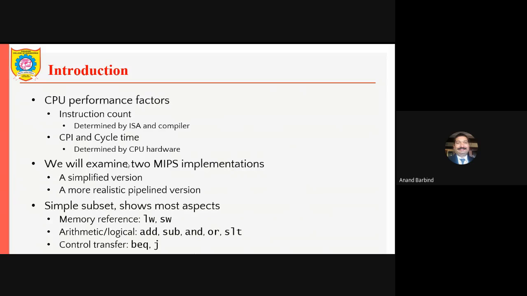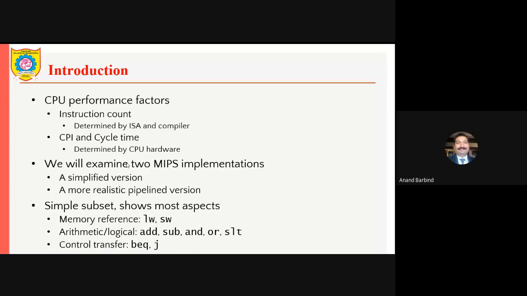The characteristics of this MIPS processor, which is of the RISC type, is a simple subset and shows most aspects. For memory reference, only the instructions like LW and SW, that is load word, store word, are used. For performing arithmetic and logic operations, the instructions like ADD for add, SUB for subtract, for logical operation AND, OR, and the instructions like SLT.